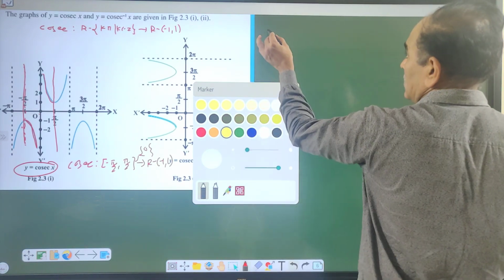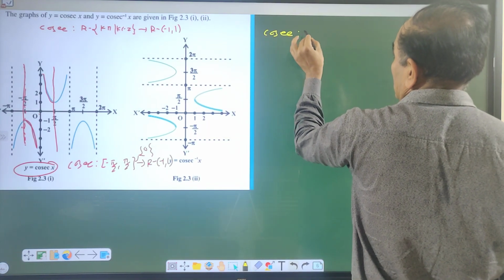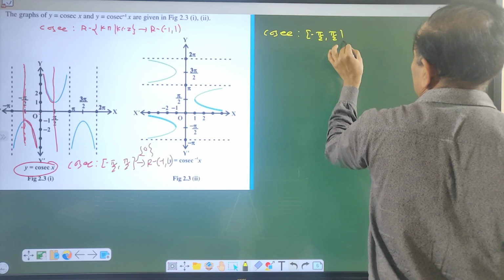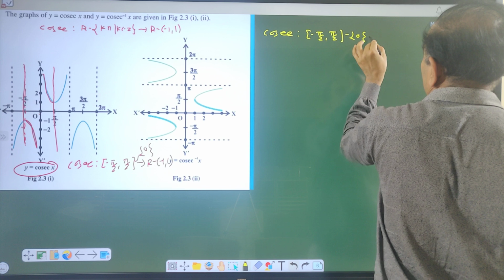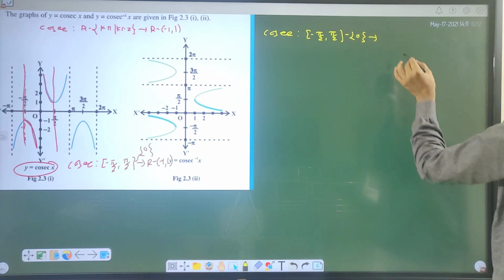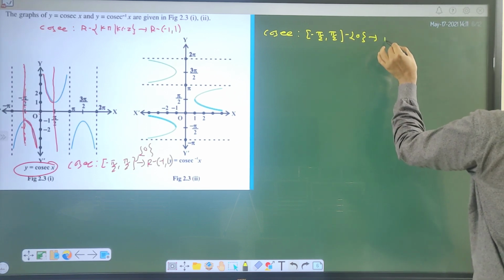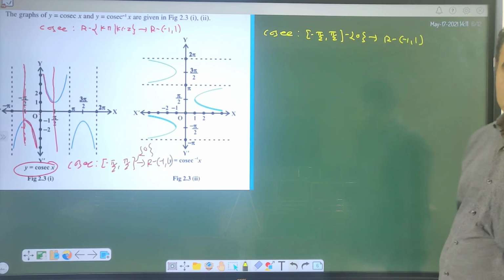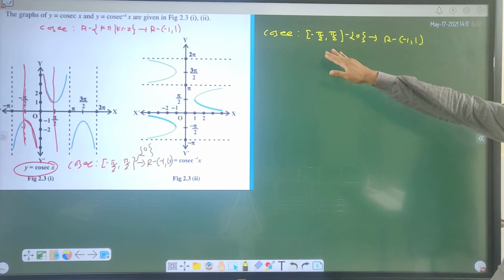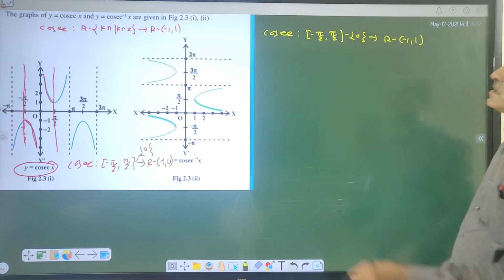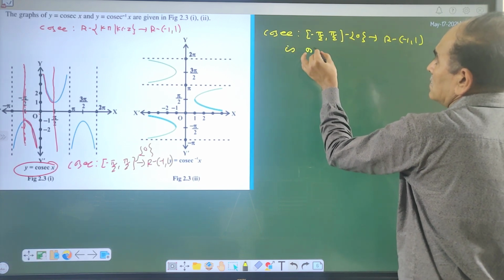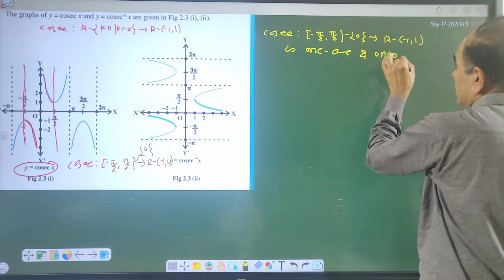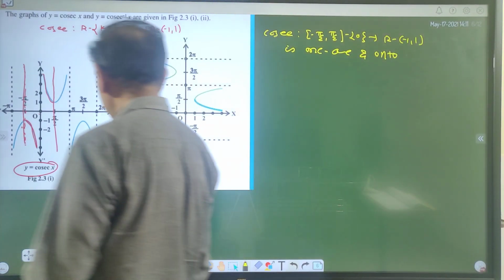If I take the cosec function from closed interval minus pi by 2 to pi by 2 except 0 to R minus open interval minus 1 to 1, in this case this function is one-one and onto. See here?